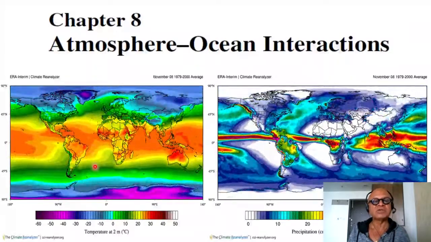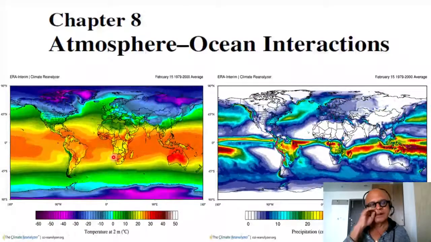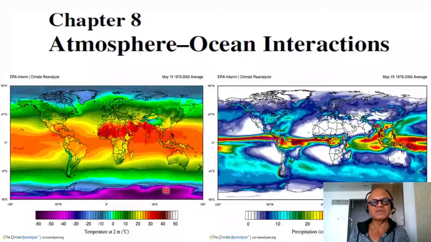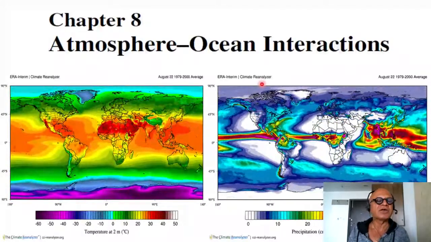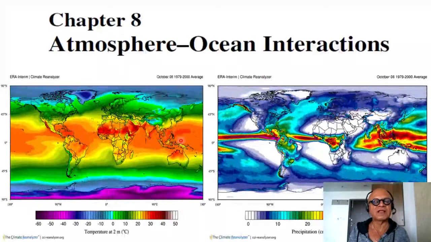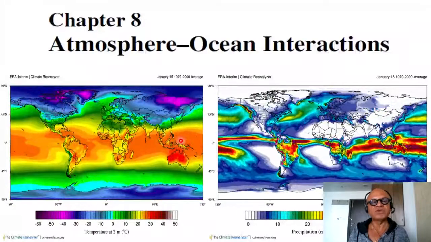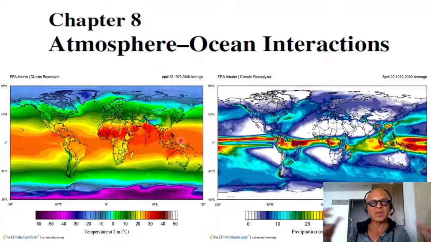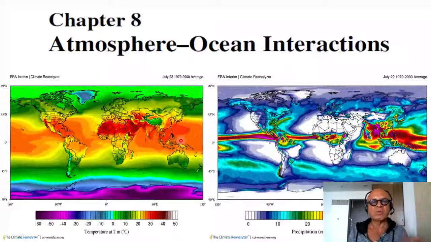But this animation from this site called climatereanalyzer.org offers a nice animation of the sea surface temperature and precipitation from ERA interim reanalysis product, and you can see the kind of key features of the energy budget when you open up the zonal mean into global maps.